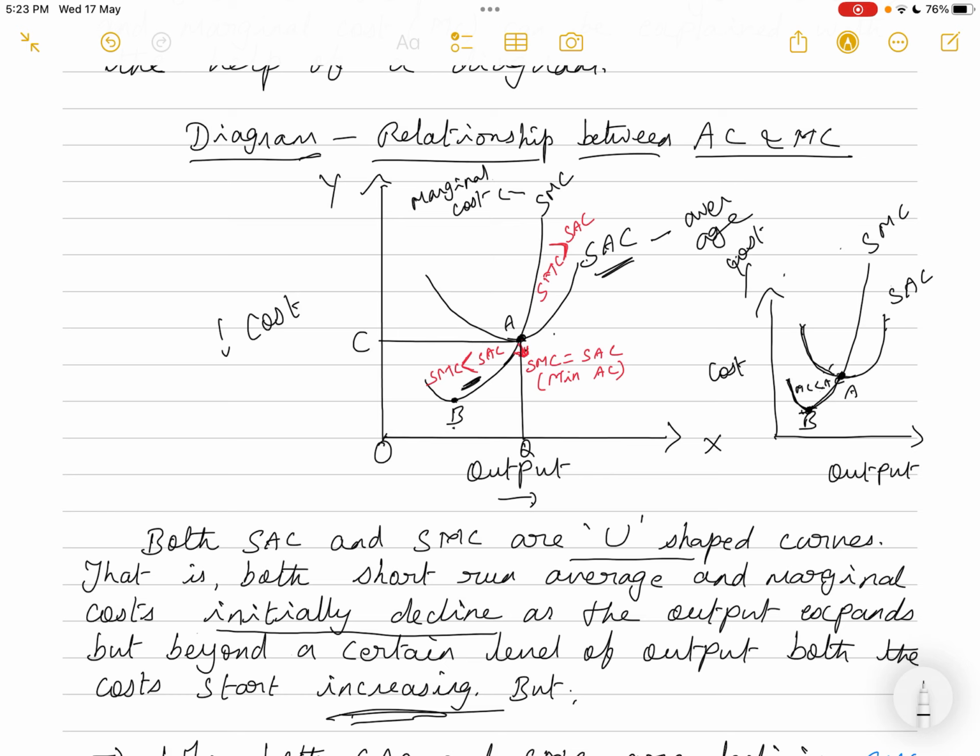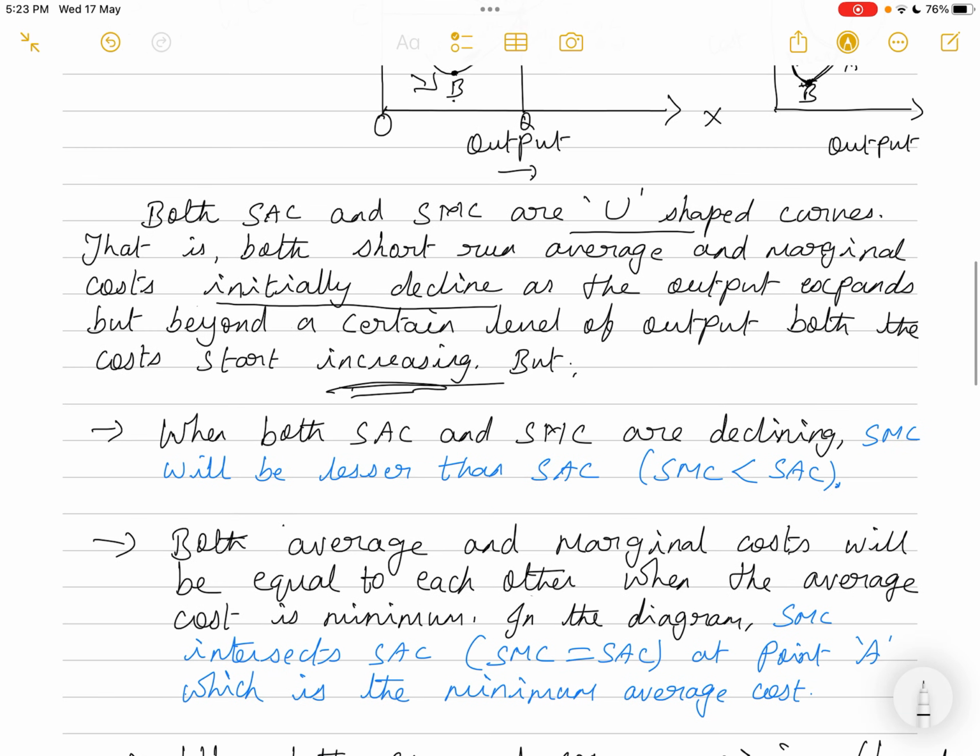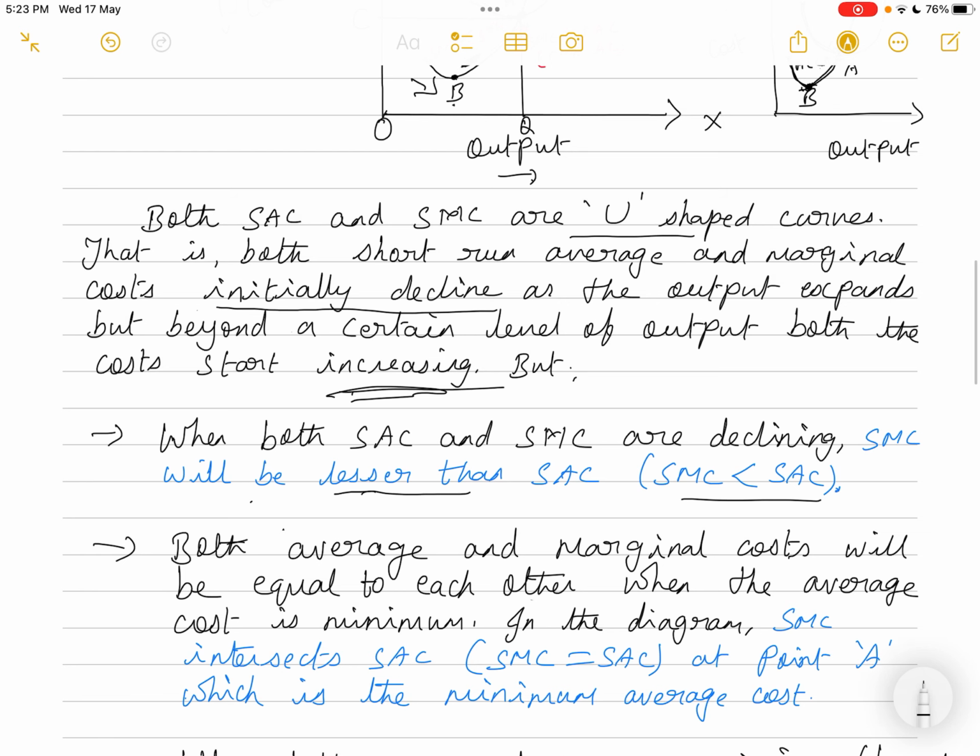When they both are decreasing, the marginal cost is lesser than average cost. That is the first relationship: when both SAC and SMC are declining, SMC will be lesser than SAC.